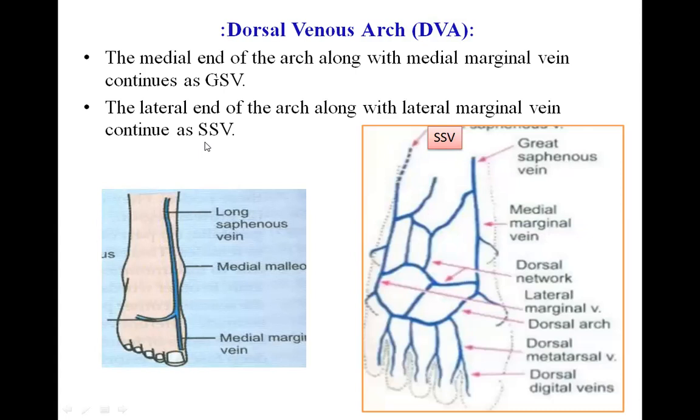The lateral end of the arch along with the lateral marginal vein continues as the small saphenous vein. So here is the lateral marginal vein along with the lateral end of the dorsal venous arch. They join and form the small saphenous vein.